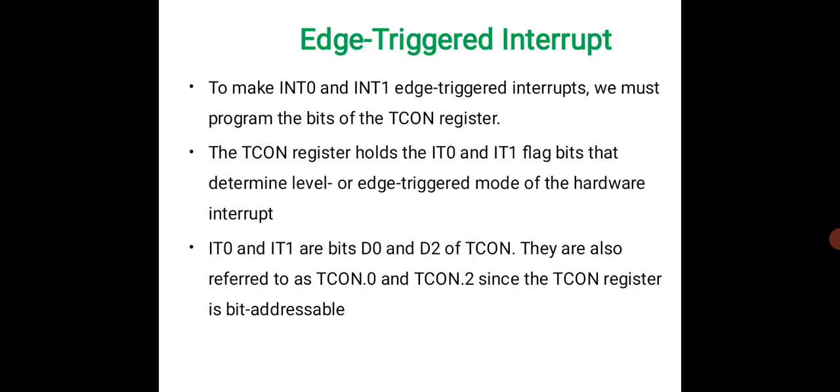The TCON register, which is the timer control register, holds the IT0 and IT1 flag bits that determine whether it is level or edge triggered mode of the hardware interrupt. These are the D0 and D2 bits of the TCON register, referred to as TCON.0 and TCON.2, as it is bit addressable.